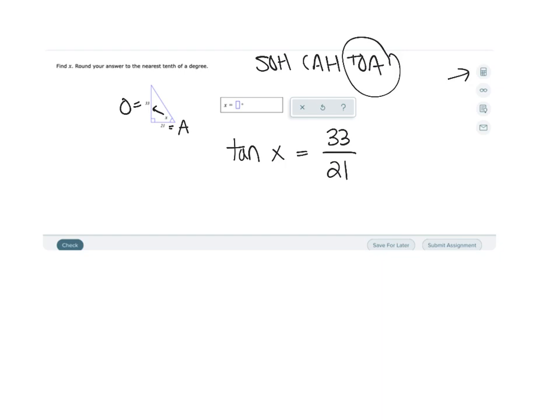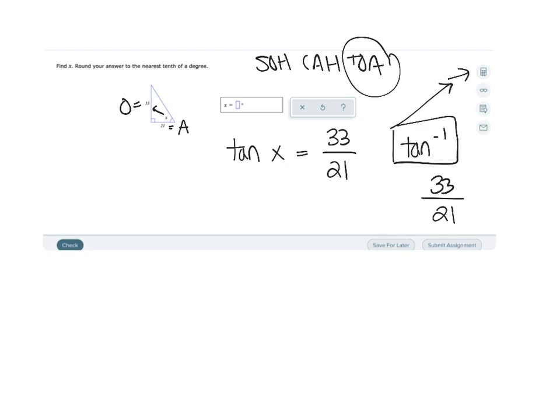Now you're going to hit that calculator on Alex, and you're going to select that function on the calculator because this is how you find the angle. So anytime that you want to find the angle, you're going to hit what is called tan inverse. Once you hit that button, you're going to plug in 33 divided by 21, and then you will get your answer.